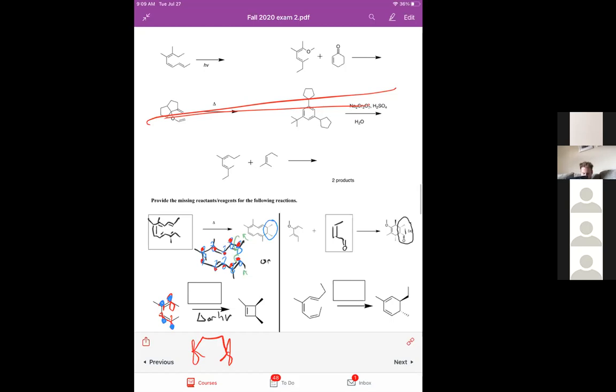Right one should be on top, left one should be on bottom. Nope, wrong way. It's going to push this methyl group up and down. Heat would give me this product. So my answer here is light.